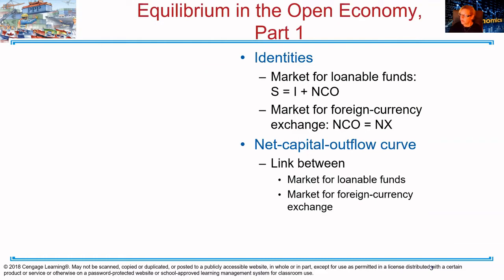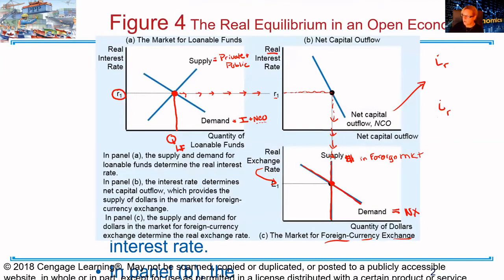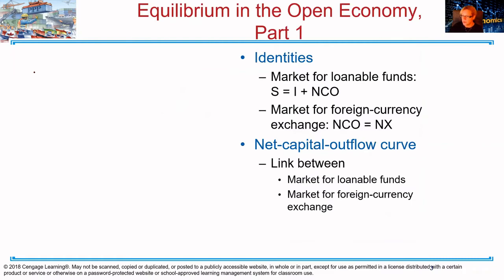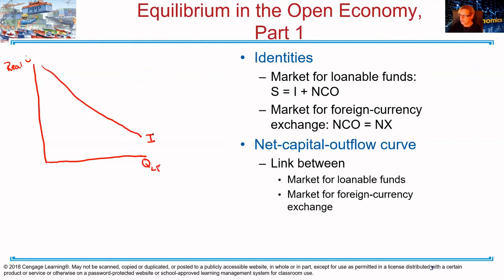Okay, our very first panel, A, the market for loanable funds. We're going to draw the market for loanable funds, and see if you can jump ahead of me here. Over here, we have the real rate of interest. Down here, we have the quantity of loanable funds. We have a demand curve, downward sloping. That is domestic investment plus net capital outflow.